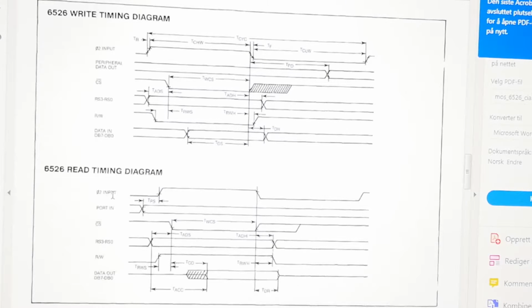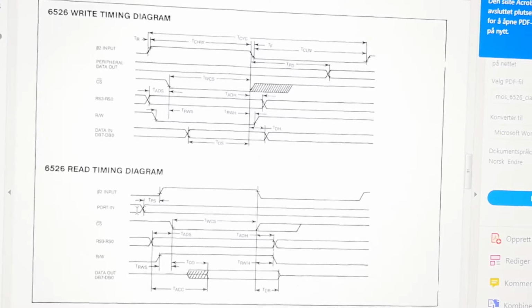But when I was reading this read diagram, I was thinking, okay, we have a positive edge here. But if the CPU is reading from the chip, these figures on top here are relative to the CPU, I think. It doesn't have to do anything with the FPGA implementation. The FPGA must present the data down here before the falling edge, such that the CPU can charge up its data input or something like that.